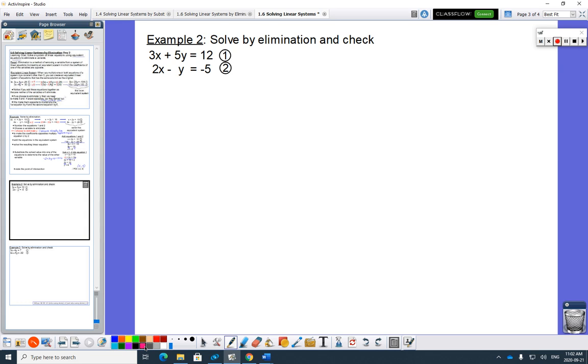I think you're on the right track. So let's do the y's. She's thinking substitution, I think, but these are already opposite signs. And then you don't have to multiply by -1, okay?